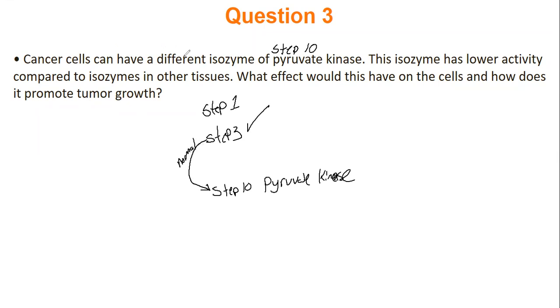But in cancer cells, the activity of pyruvate kinase is way down. So remember, step 3 in glycolysis is more or less irreversible. But what happens if step 10 is slowed down? What happens to all the intermediates here?